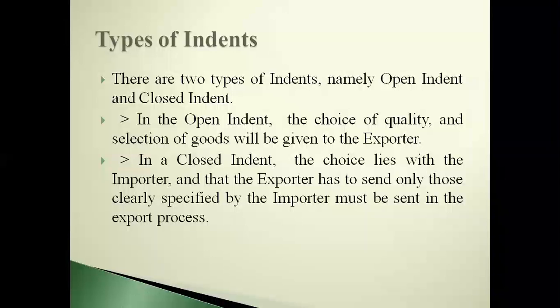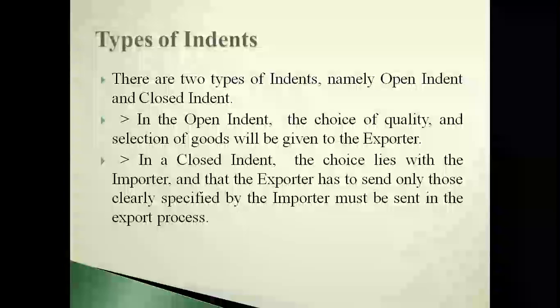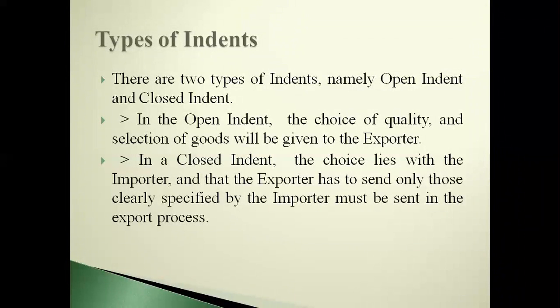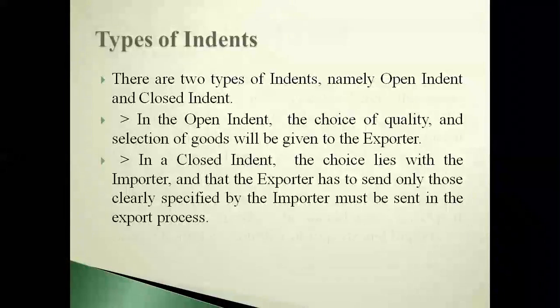Whereas in a closed indent, the choice lies with the importer, and the exporter has to send only those goods which are clearly specified by the importer, and there should not be any variation in the goods in the process of export.